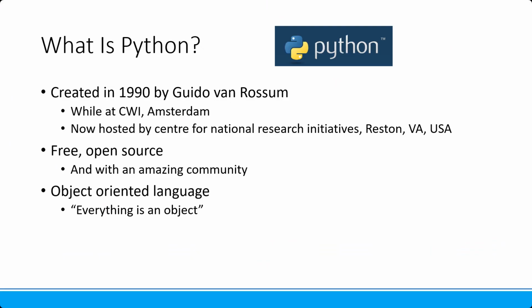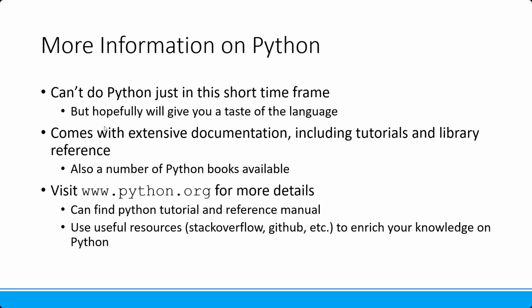Everything is an object. So I will not give you the basic Python in this class. From next week, I will skip all the small things and just teach you the big things. I cannot do Python in this short time frame.